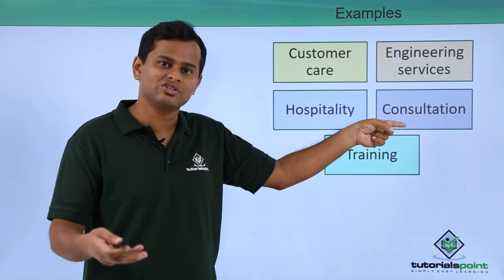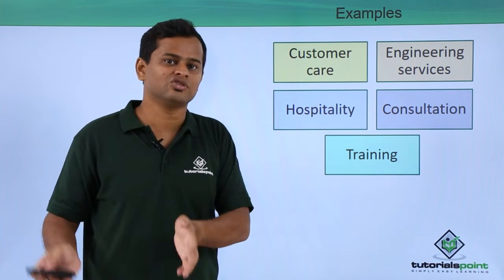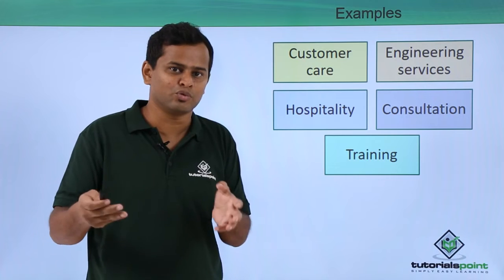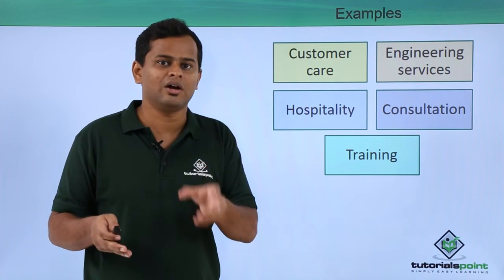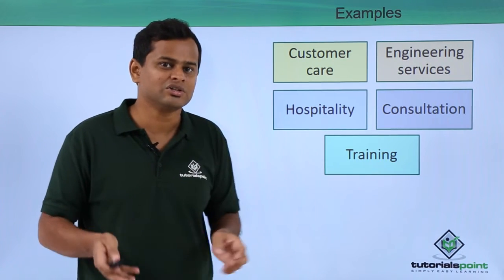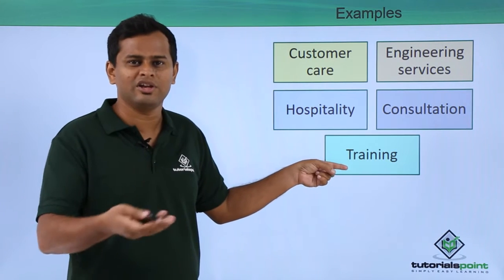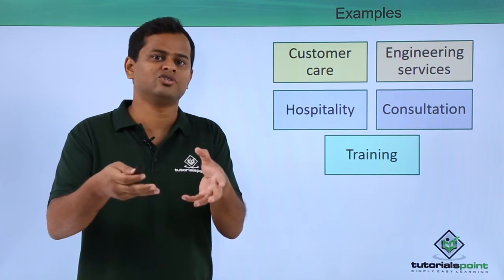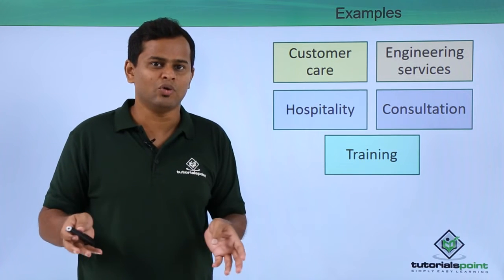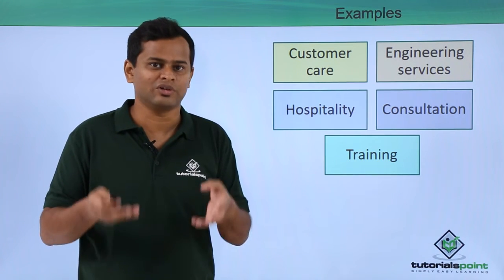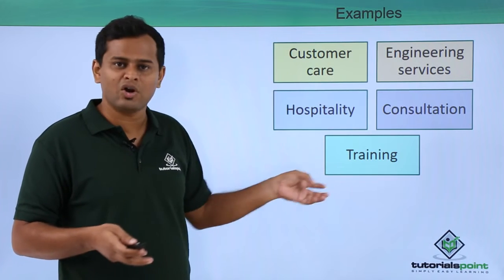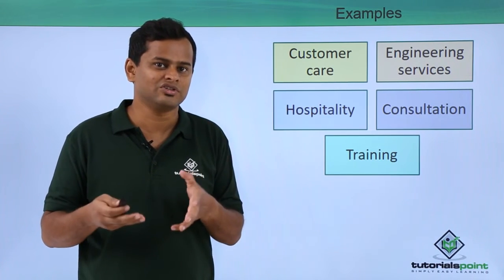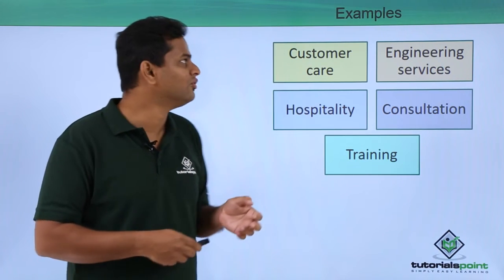And then consultation services, where a consultant is going to work with the organization for a very long period of time for the continuous improvement of a pain area or some kind of proactive innovation. It can even be a training service, where you give a lot of your knowledge for the benefit of the overall organization or your customers. There can be a lot of other services also. These are some examples shown under services, to give an overview.